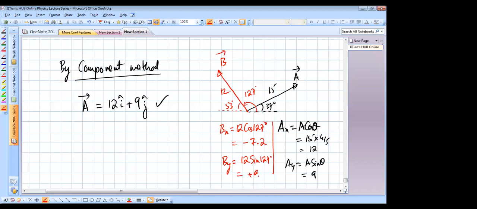So it will become plus 9.6. So the vector B will come out to be minus 7.2 i cap plus 9.6 j cap.